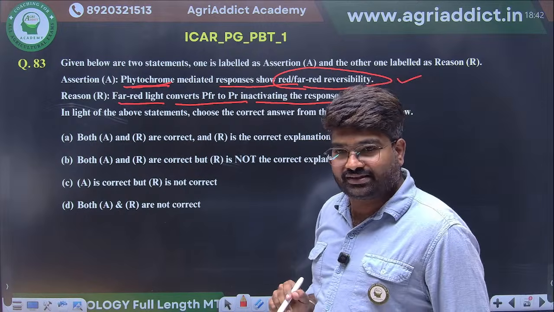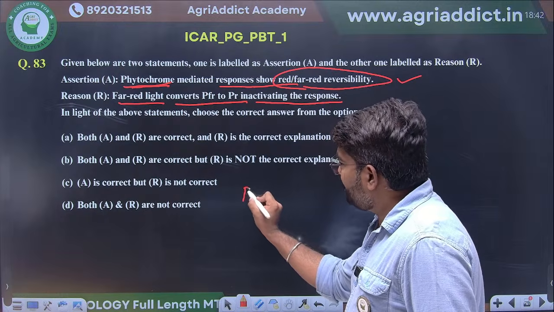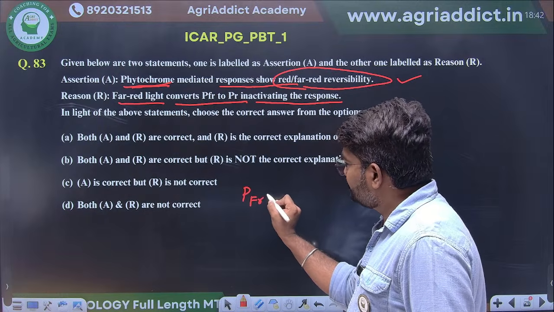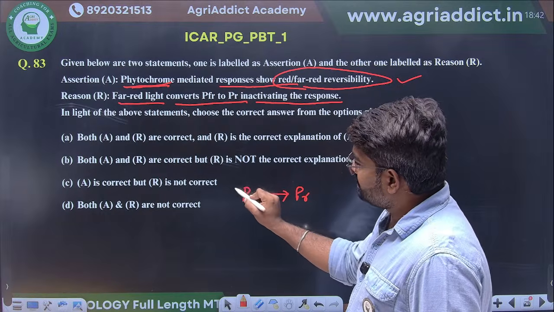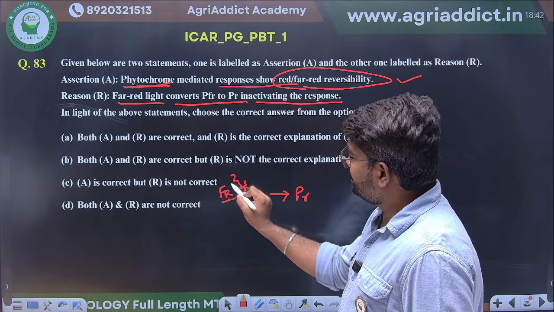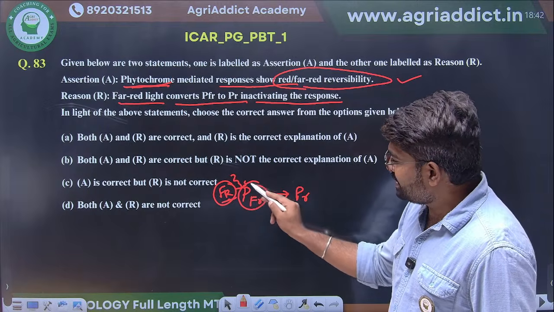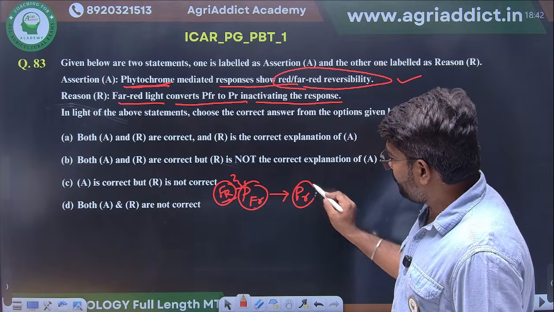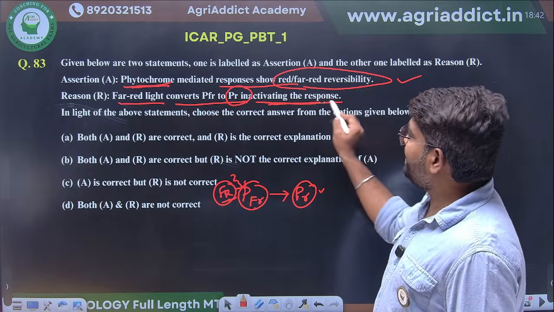What will be the correct answer? They are saying PFR is converting to PR when far red light is there. This is true. Only if far red light is there, PFR will be converted into PR form.